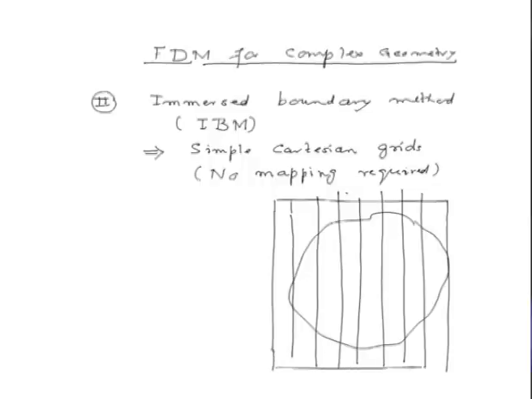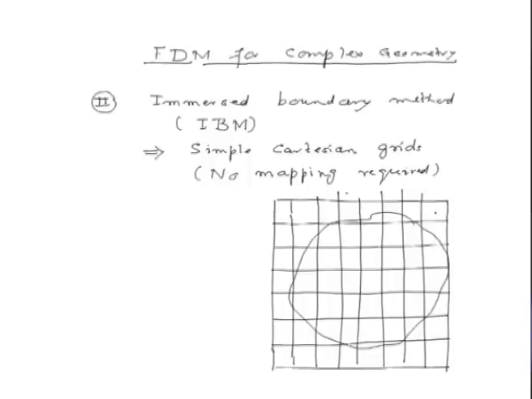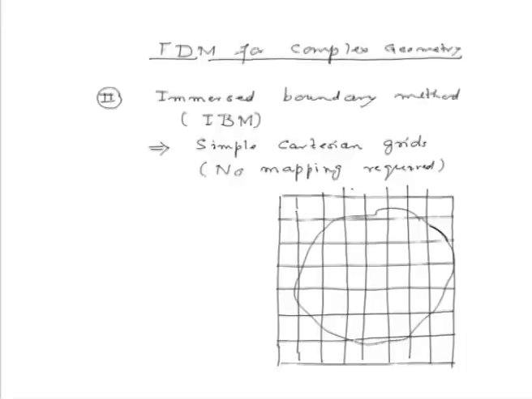So this is our simple rectangular grid. Then the question arises, how do we take care of these complex boundary segments which do not align themselves with these Cartesian grids?